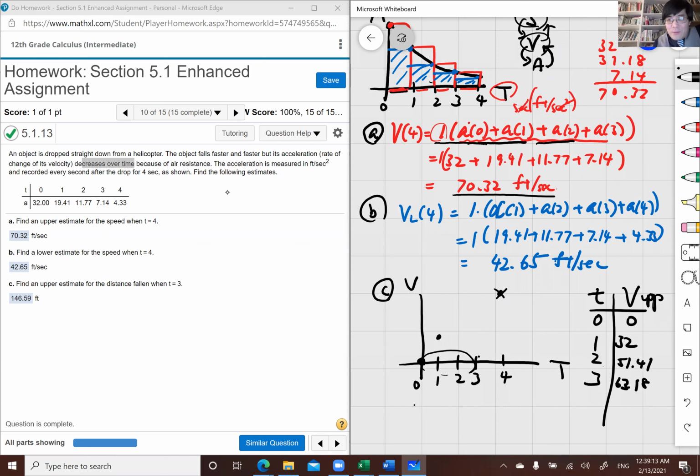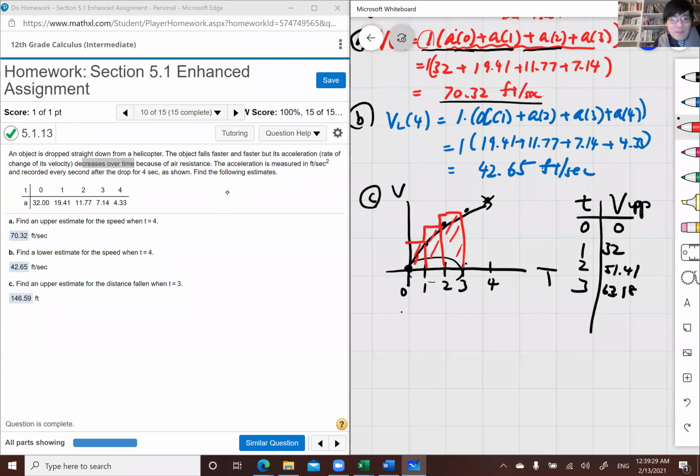So 32, 51, 63. Clearly it's an increasing function, so we can use the upper sum by finding 3 rectangles like this. This is going to be the upper estimate for the position.